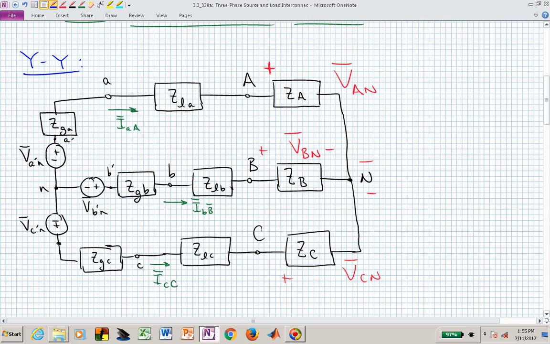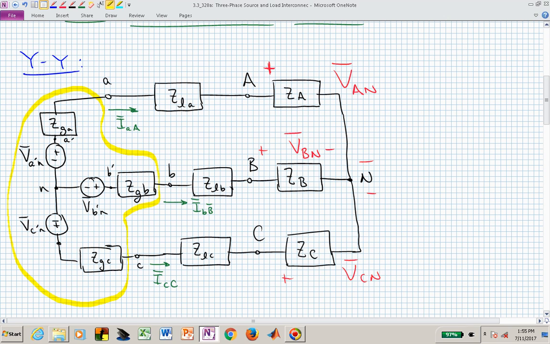We have the source generator voltages, and those are labeled V sub A prime N. So the A prime is a node between the generator impedance and the terminal of the generator itself, which we're labeling as A. Likewise for the B phase and the C phase, those terminal labels, here is what you would have access to in terms of the generator.